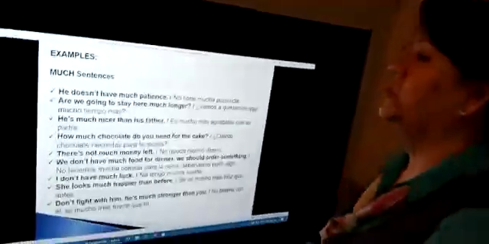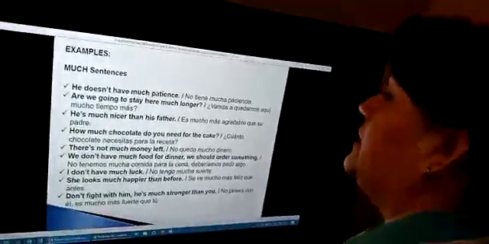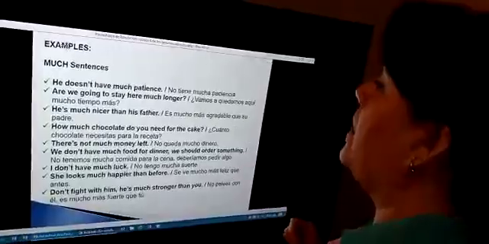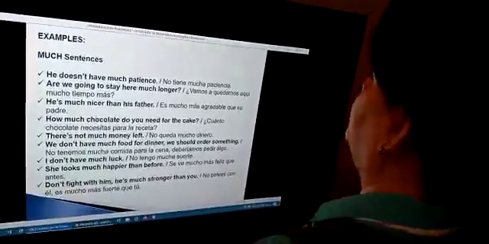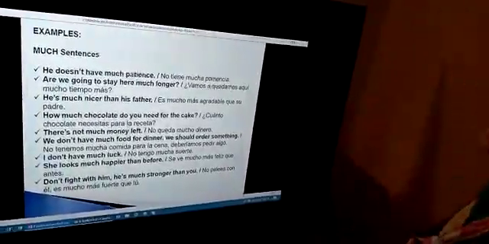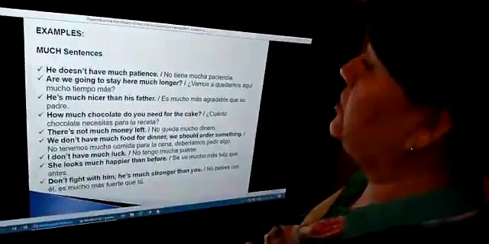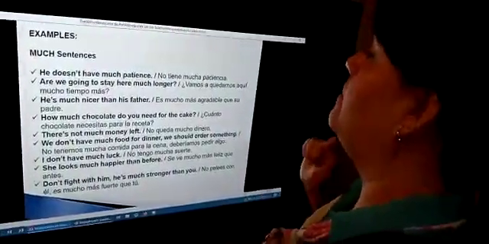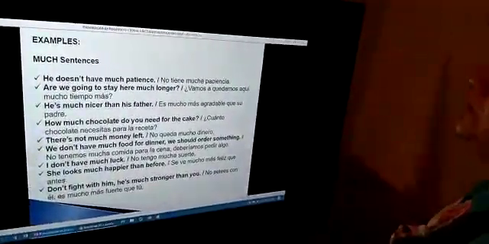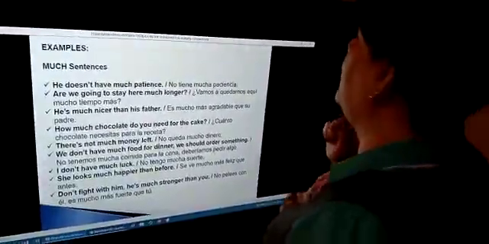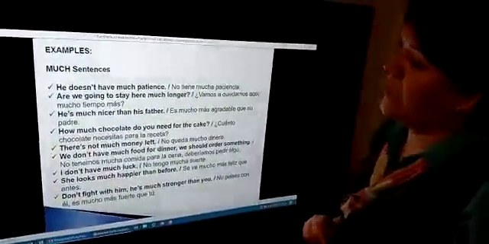Example much. Much sense is, we don't have much patience. See? This is in English. In Spanish say, no tiene mucha paciencia. Okay?